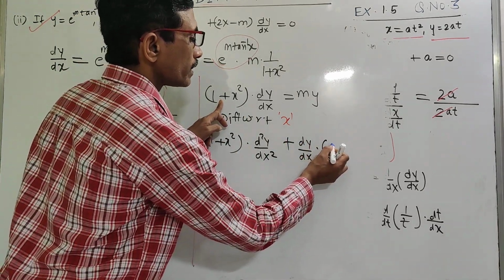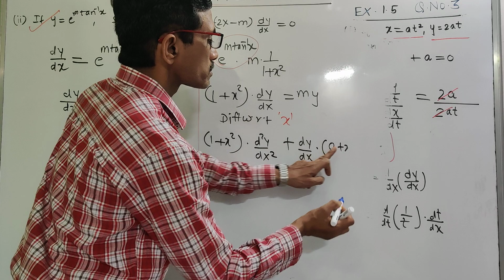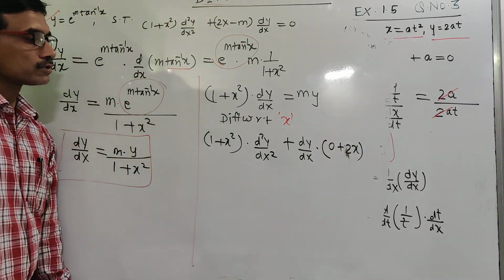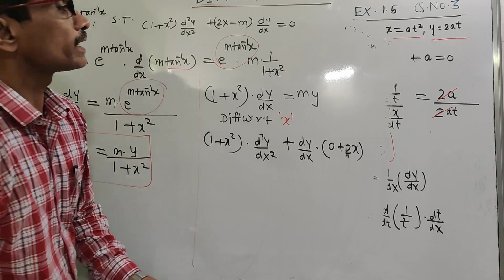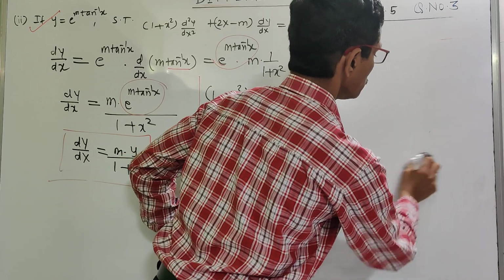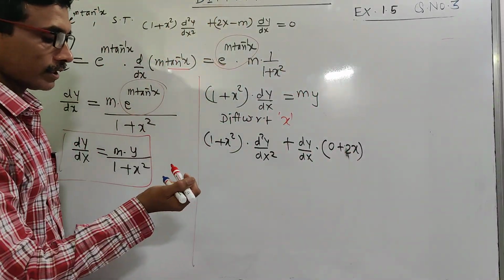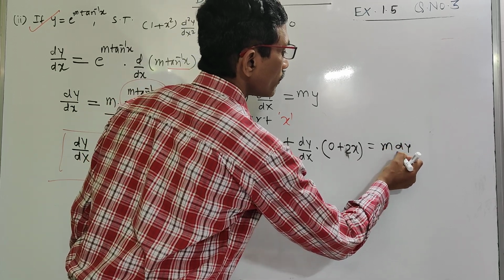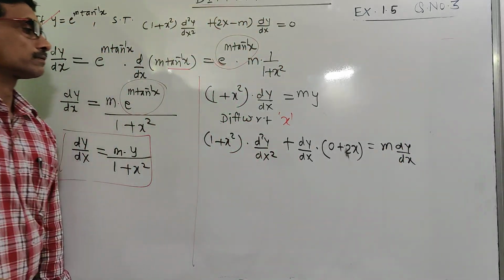Derivative of 1 is 0 and derivative of x square is 2x. This will be the derivative. Right hand side derivative will be m into derivative of y, which is dy by dx.